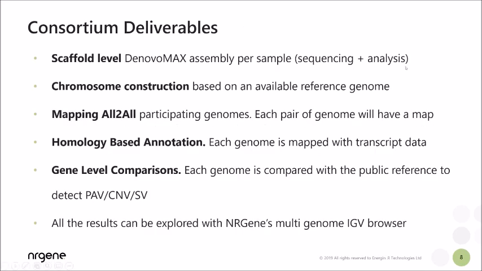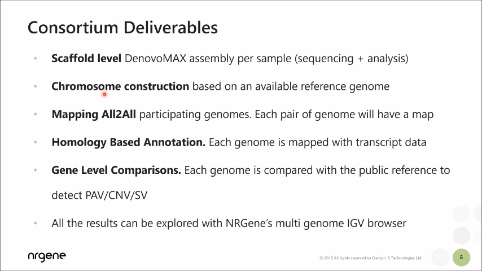So I'm going to start with the bottom line that I think many of you may find interesting. So what do you get? Let's say you've joined the consortium, what do you actually get? So you get a scaffold level de novo assembly of your sample. It would be arranged into pseudomolecules, chromosome level. All of the different assemblies would be mapped to one another, creating a pan reference.